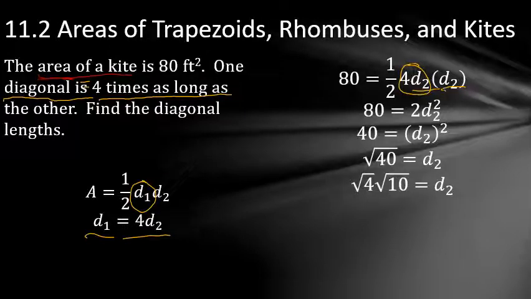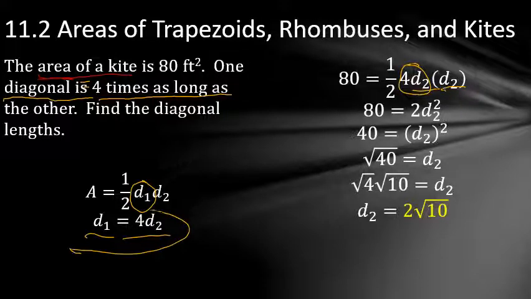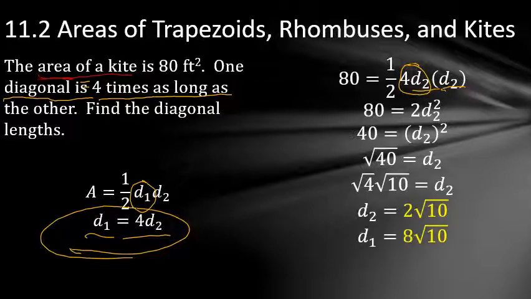So the square root of 4 is 2, times the square root of 10. But that's only half my answer. I need to know d1 also. If we look back, d1 is 4 times d2. So I need to multiply d2 by 4. 4 times 2 is 8. So d1 is 8 times the square root of 10.